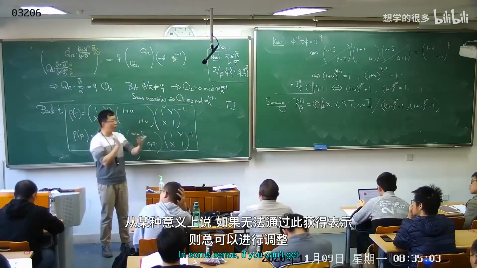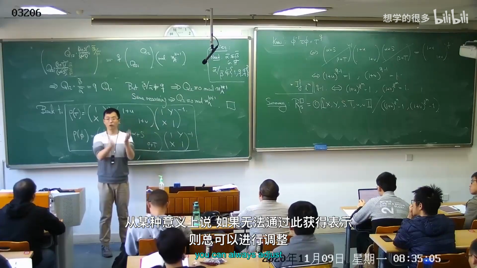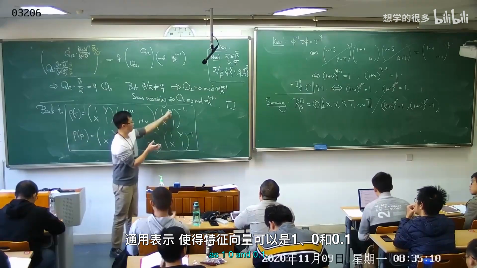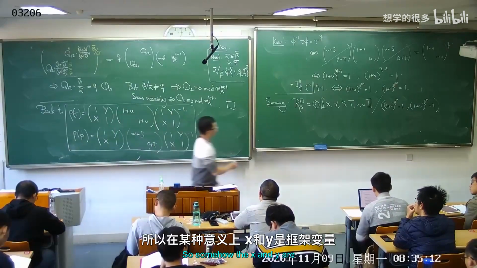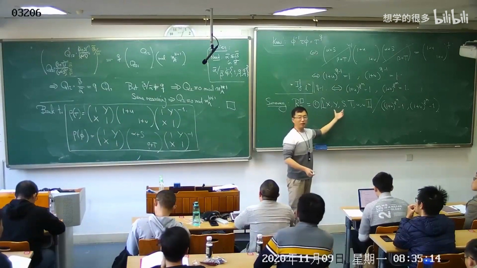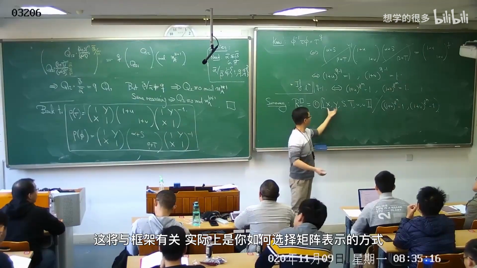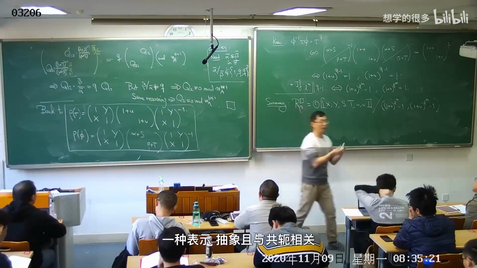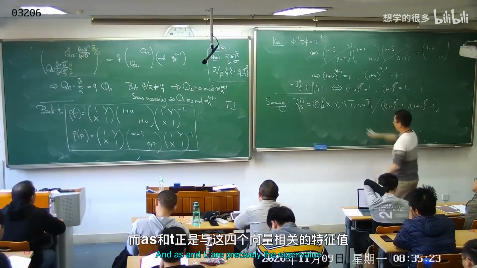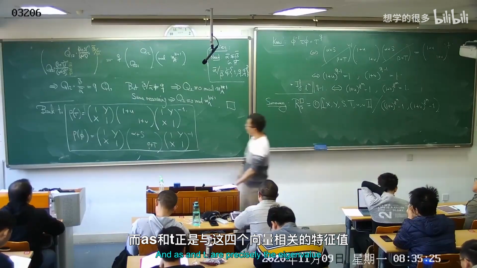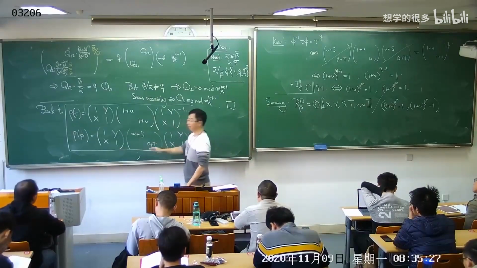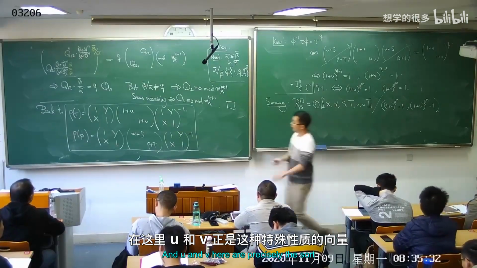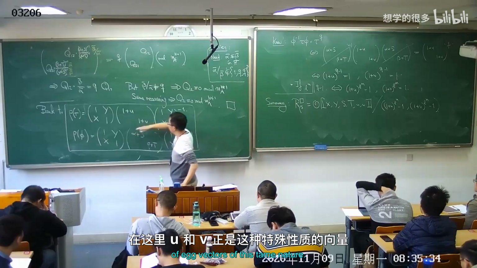If you conjugate the representation by this, you can always adjust the universal representation so that the eigenvectors are just 1, 0 and 0, 1. So x and y are the framing variables, related to how you actually choose a matrix representation as opposed to an abstract representation up to conjugation. And s and t are precisely the eigenvalues for the Frobenius. And u and v here are precisely the eigenvectors of this tame inertia.